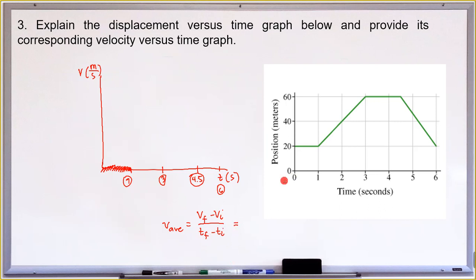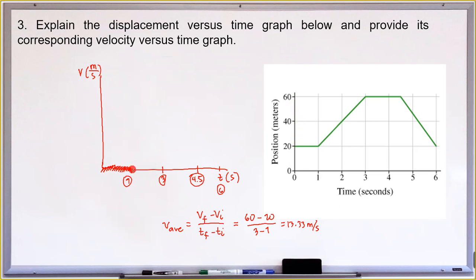Naa tay V final nga 60, V initial nga 20 divided by 3 minus 1, that is the time. So ato na ma-solve ang 13.33 meters per second. So that is the velocity nga iyang gi-maintain from 20 meters to 60 meters nga displacement.